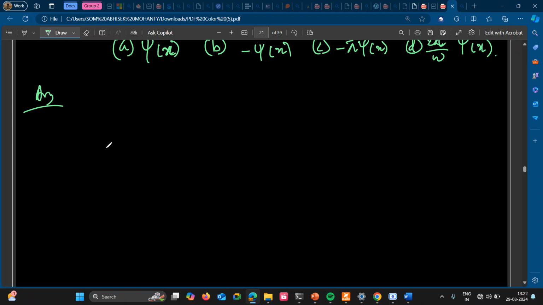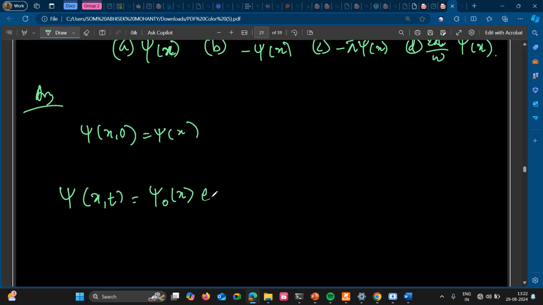See, the wave function at t equal to 0 is psi x, but at time t it changes. How do we write it? Psi of x, t is psi naught x e to the power minus i E naught t by h cut. It's a very easy question. What is E naught?